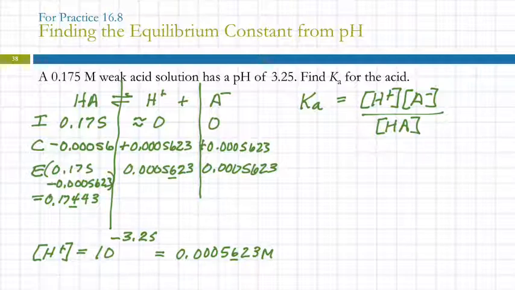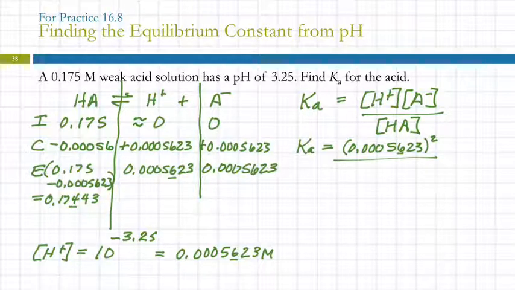So I can calculate Ka by plugging these numbers in. A minus and H plus are the same number, so that's just squared. And the HA concentration is 0.17443.